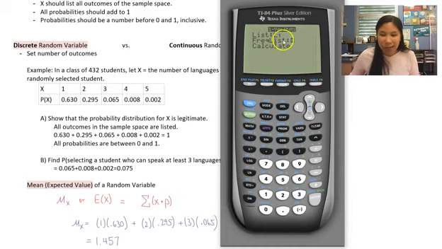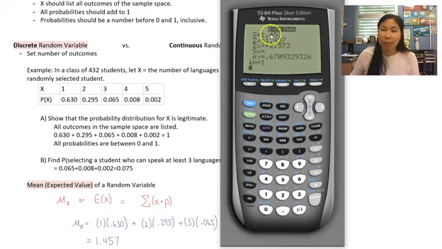The freq list, now we actually have probabilities that we want to use in order to calculate our mean. So here, this is where I'm going to type in L2. This will tell your calculator X values in L1, probabilities in L2. Go down to calculate, and then it'll calculate everything for you.